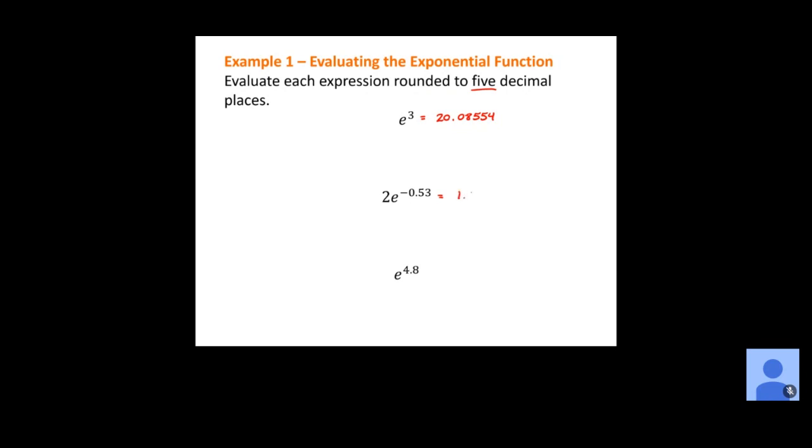Good. 1.17721. Any questions about that one? All right, and the last one, e to the 4.8. Again, just put that right in the calculator. What does that give us?